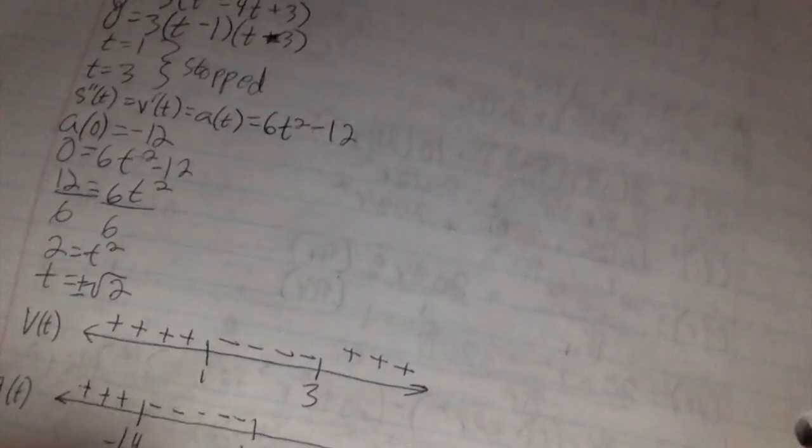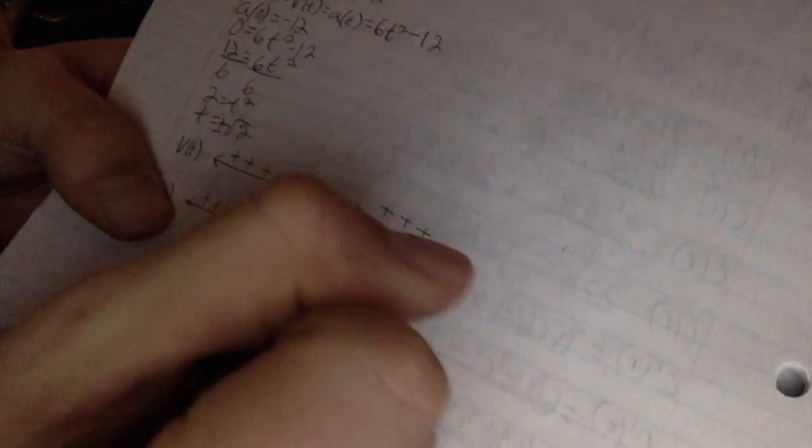So the graph will be negative in between there. And then pick a number like, say, 2 that's higher than 1.4 and plug 2 into the a of t equation. It will be positive. So we can write plus signs there.